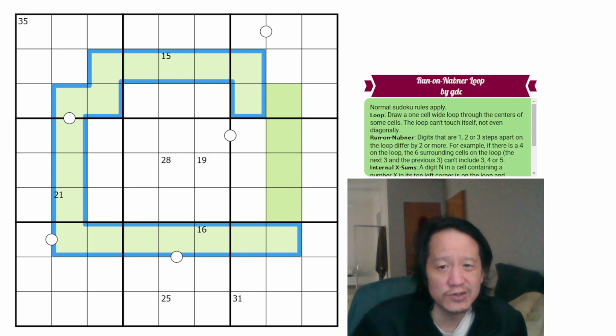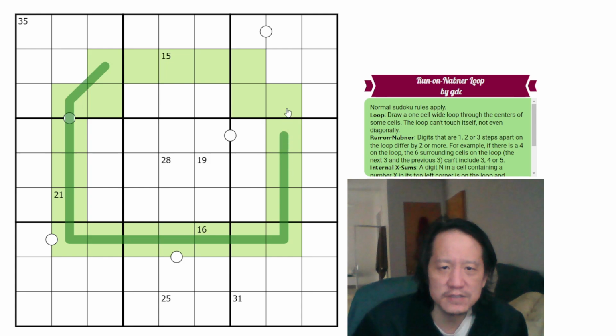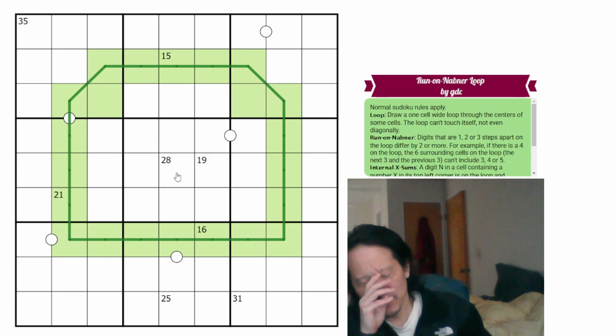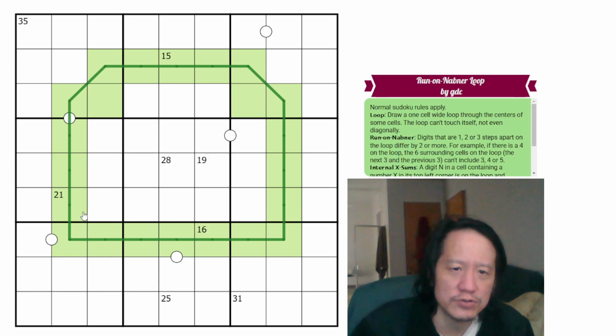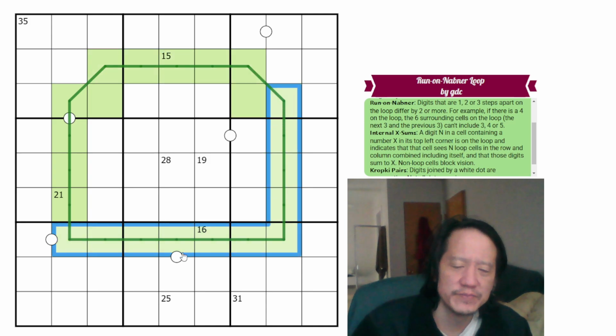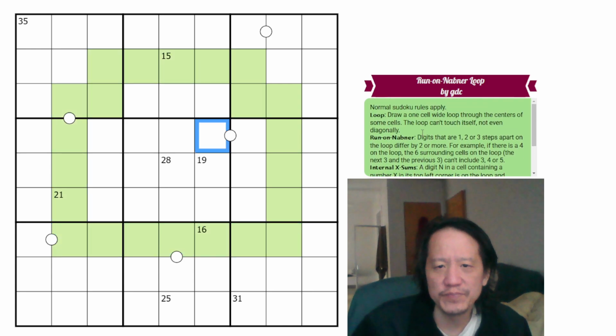It potentially could do something like this, right? That technically is a loop. We'll have to read more of the actual rules to see if we can rule that out, but I've never seen this as a rule set here, that this would be valid. Anyways, let's see what other rules there are.